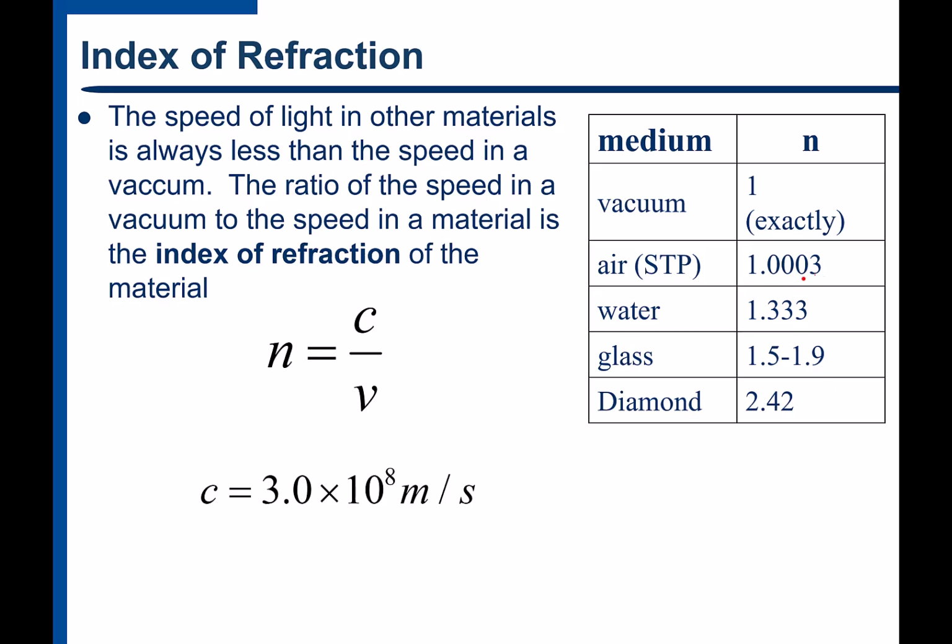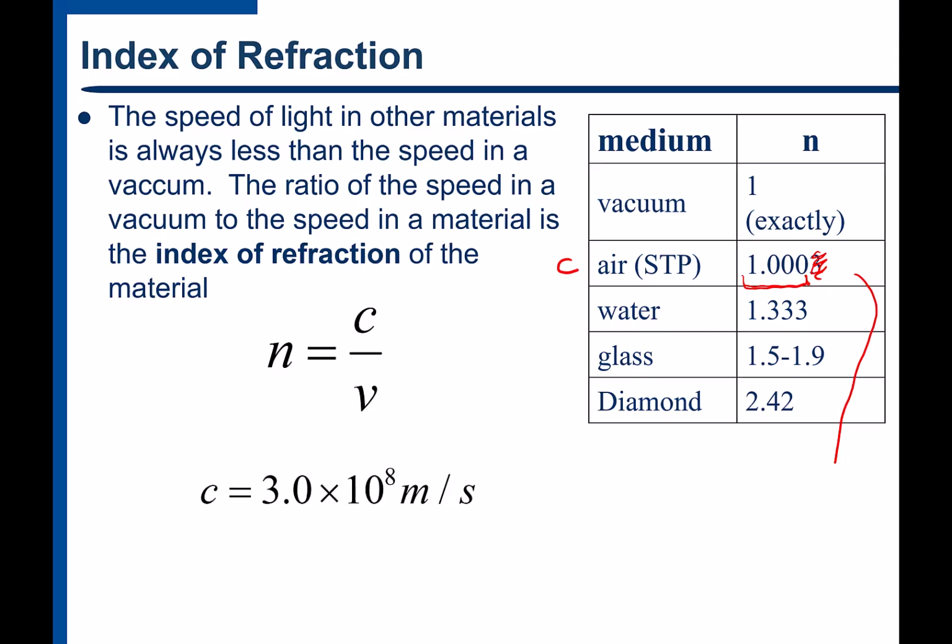And in the previous video I said we're going to assume that the speed of light in air is the same as in a vacuum. And so you'll see that's good to many digits. And again, that means we're just going to use c to represent the speed of light in air as well. In water, you'll notice that the index of refraction is higher than 1.